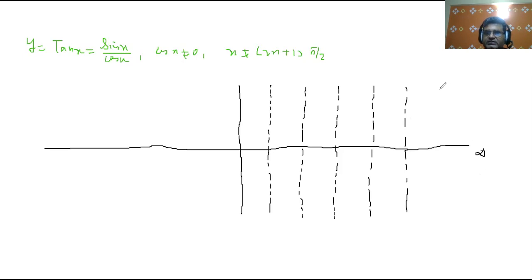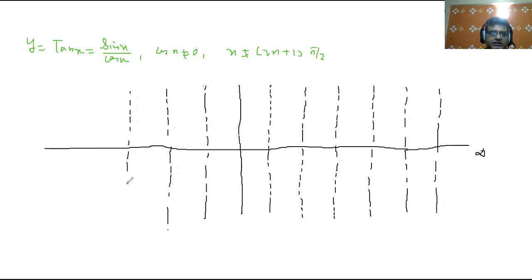It is going up to infinity. This is again the dotted lines which are representing the asymptotes.